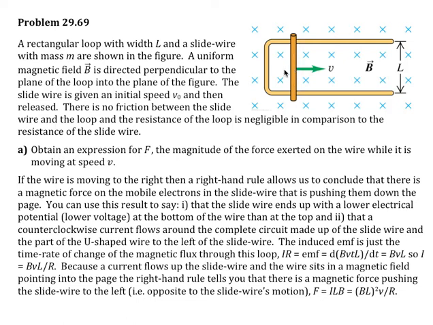Just what the problem suggested. A magnetic force to the left will give you an acceleration to the left, meaning the velocity is going to be getting smaller as time goes on. Again, the calculation: the slide wire has length L, has a current I in it, and is in a magnetic field B. B and I are perpendicular to each other, so the force is just I times L times B. I we already know, so we can plug that in, and then we have an expression for the force.